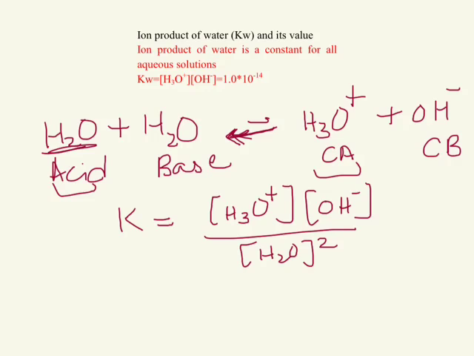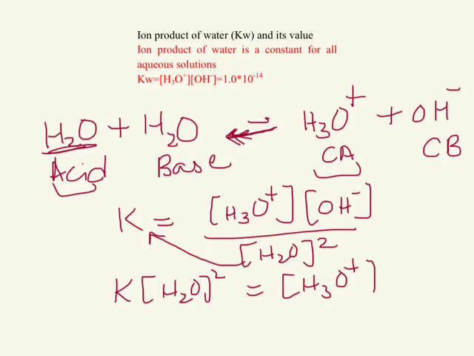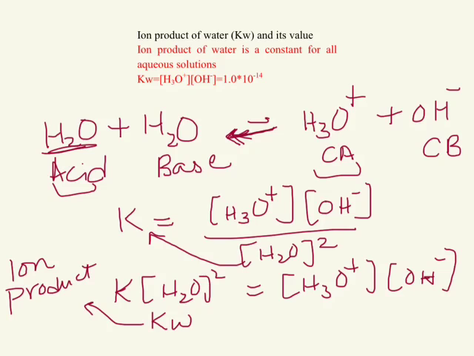Again, since we know that the concentration of water does not change much, if I take this on the other side, K times [H2O] squared equals [H3O+][OH-]. And we can replace K times [H2O] squared with another constant, which we call Kw, the ion product constant. This is the ion product of H3O+ and OH-.